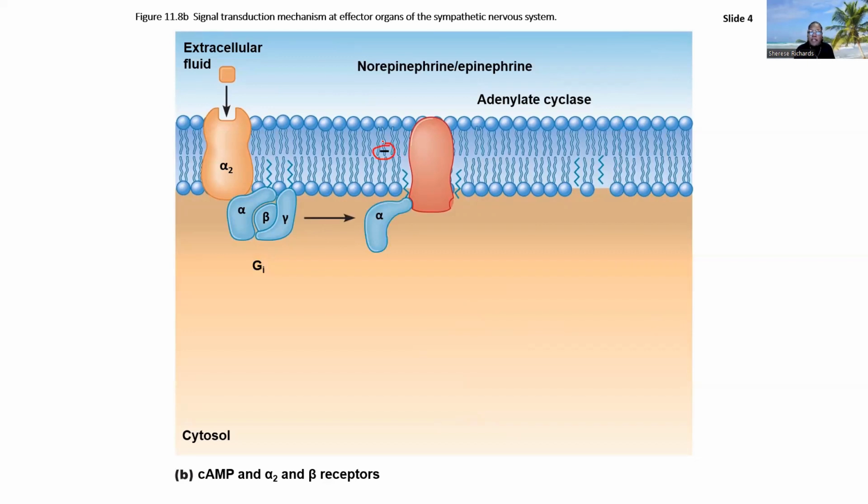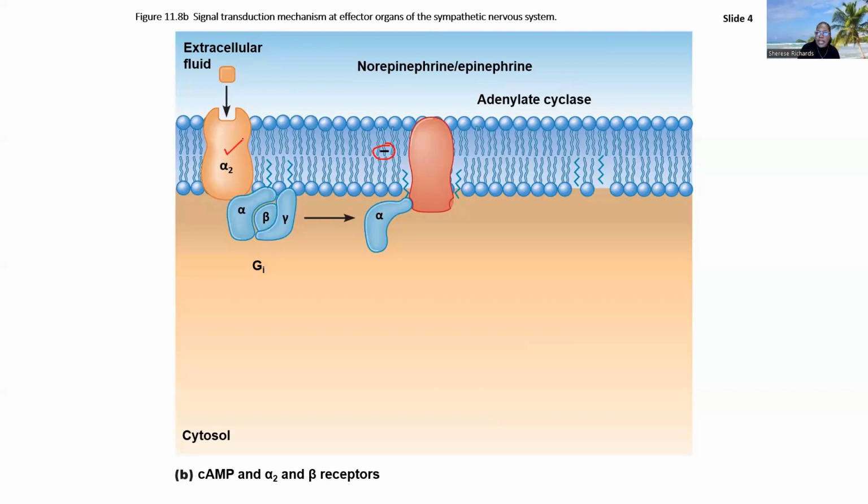And because we have blocked adenylate cyclase from generating cyclic AMP, that is also going to result in a cellular response. I want to make it clear that even though we're blocking these events, the blocking of adenylate cyclase and the decrease in cyclic AMP is what results in the response that happens on alpha-2 receptors.